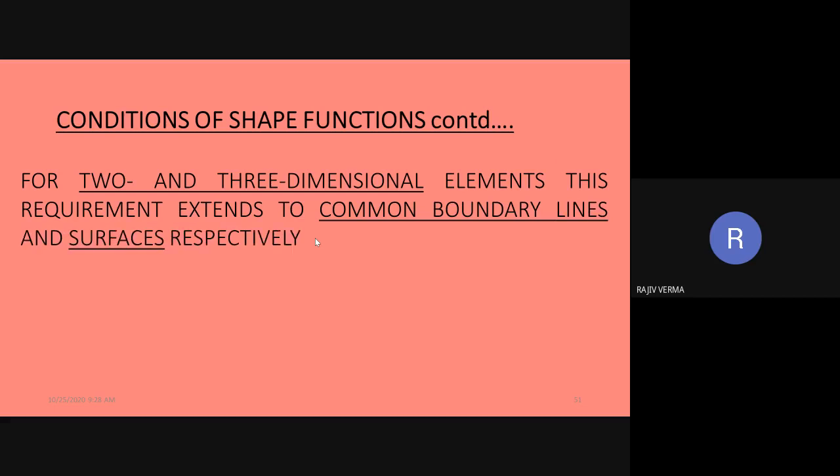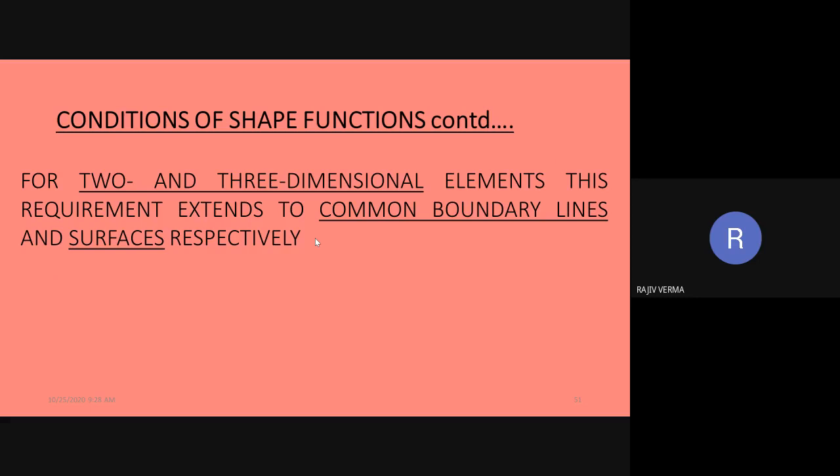Of course, when this continuity condition is extended to area elements or to three-dimensional elements, we can have similar conditions in these cases also. When two area elements are in contact, the contact is going to be on a particular line or a particular curve.